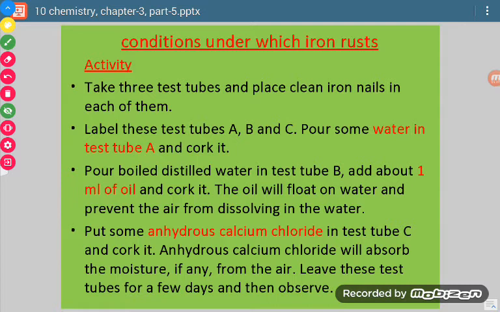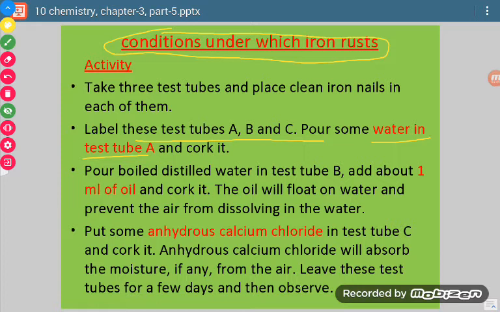Now let us understand first which conditions are required for rust to form on iron. We will understand it with the help of a small activity. We will take 3 test tubes A, B, C, and we will put nails in all 3 test tubes first.